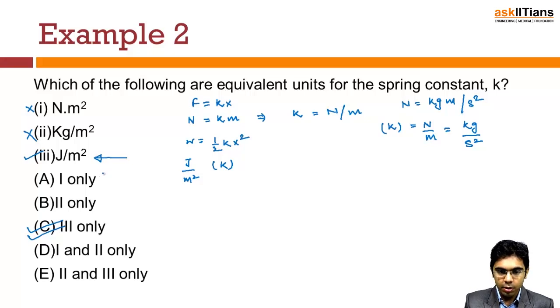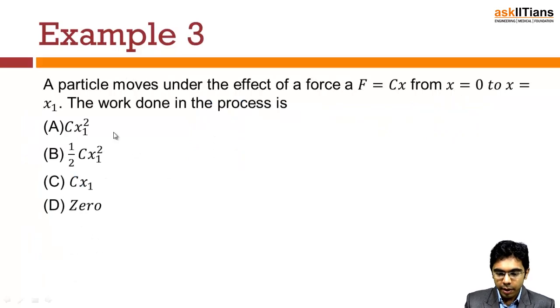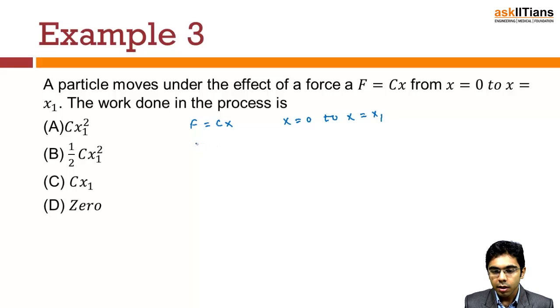Now let's check the other example. In the next example, the particle moves under the effect of a force equal to Cx, from x equals 0 to x equals x1. What will be the work done? It is simple. Instead of being given as F equals kx, it is given as Cx, and the body is moving under the effect of this force.